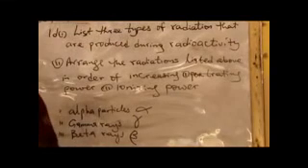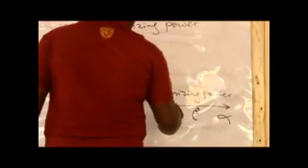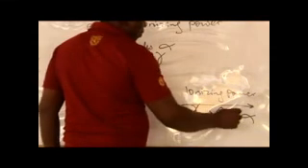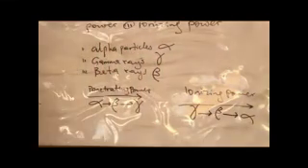So the reverse is the case this time around. The alpha particle has the highest ionizing power, followed by beta, followed by gamma. The one with the least ionizing power is gamma, followed by beta, followed by alpha.